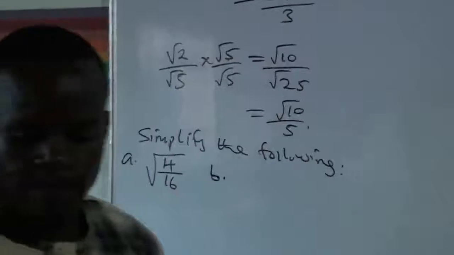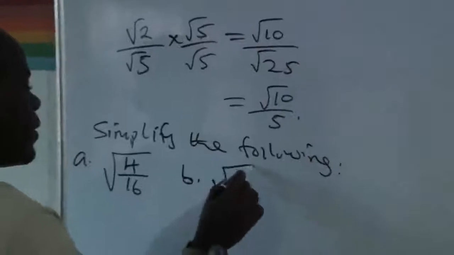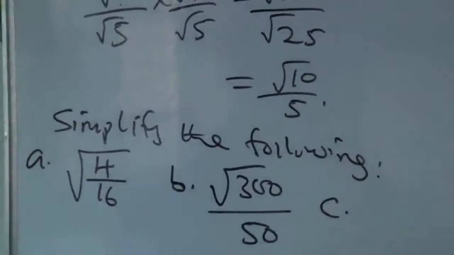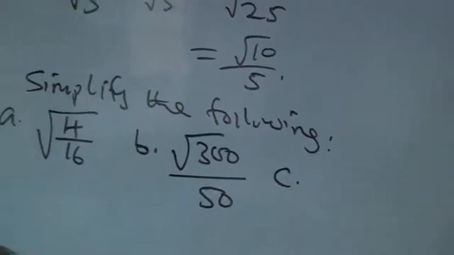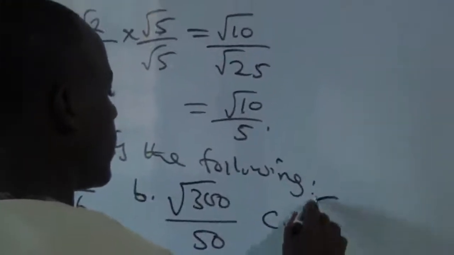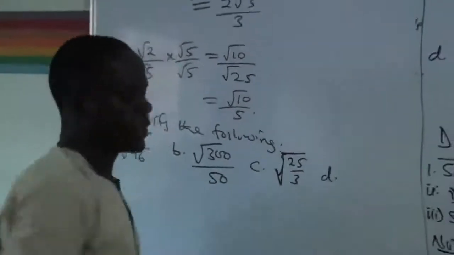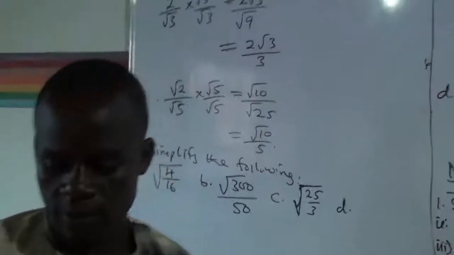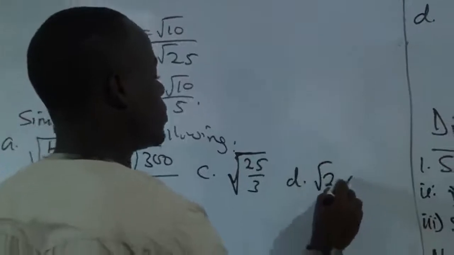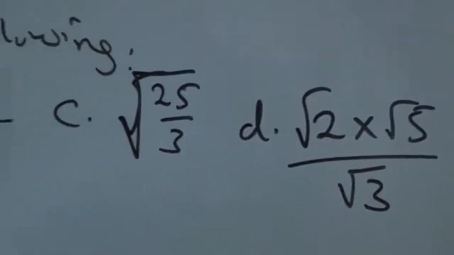B, I have root 300 all over 50. C, I have root 25 all over 3. And then D, let's take just 4 for now, I'll have root 2 times root 5 all over 3.